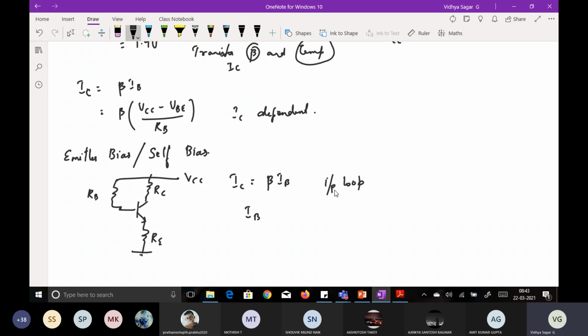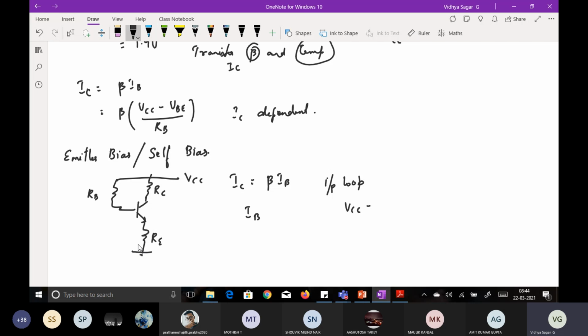Just now I gave you the input loop from the circuit. VCC minus VBE upon RB. Input loop I'm asking. Then what is this one?